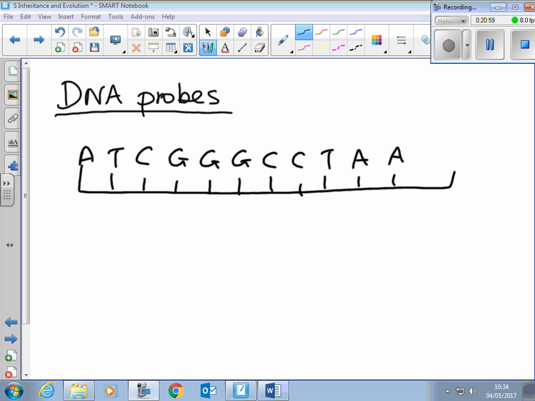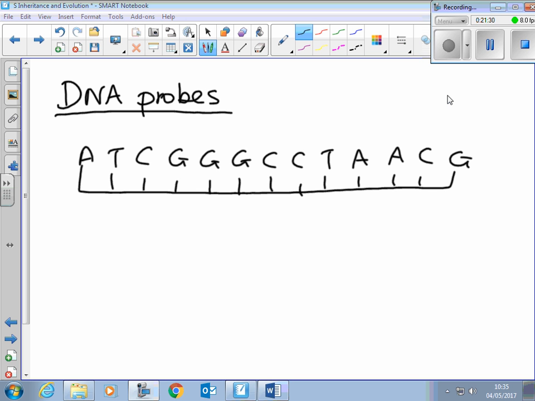If that's a very short gene, if we want to identify that in somebody because it's a gene for a particular genetic condition, or it helps to identify a particular type of cell, for example, cancer cells tend to express proteins differently because they've got particular gene mutations. If you want to be able to identify specific cells carrying specific genes, you can use a gene probe to do that.